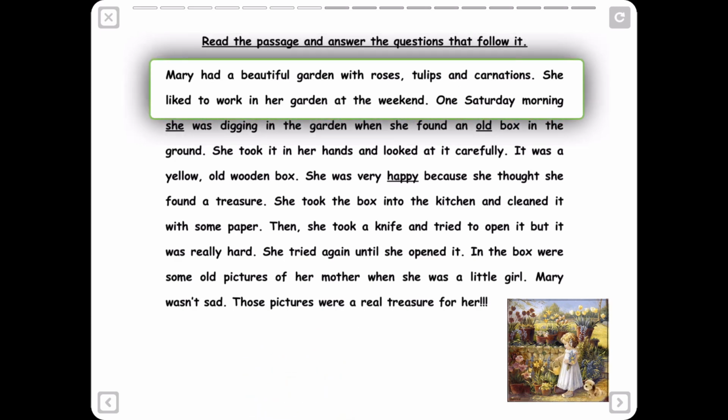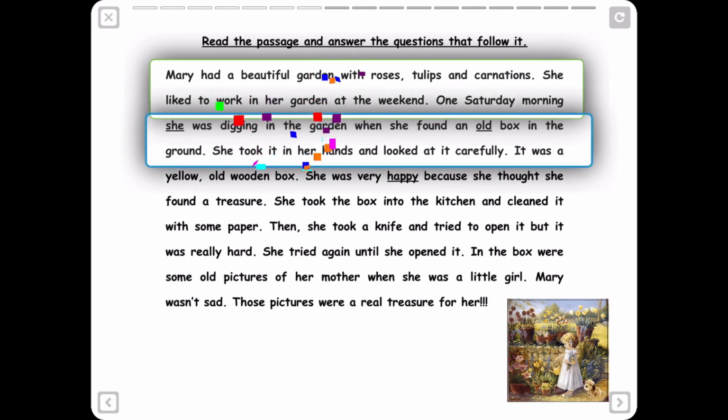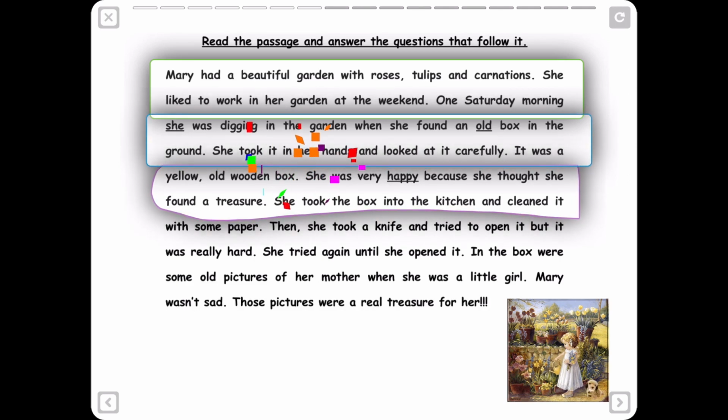One Saturday morning, she was digging in the garden when she found an old box. She took it in her hands and looked at it carefully. It was a yellow, old wooden box. She was very happy because she thought she found a treasure.